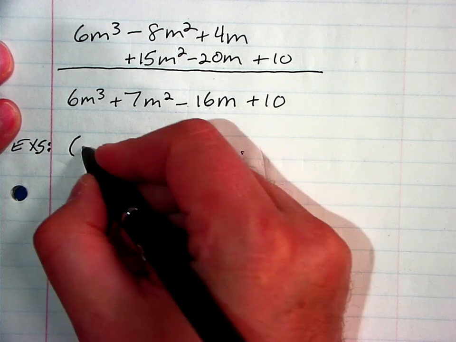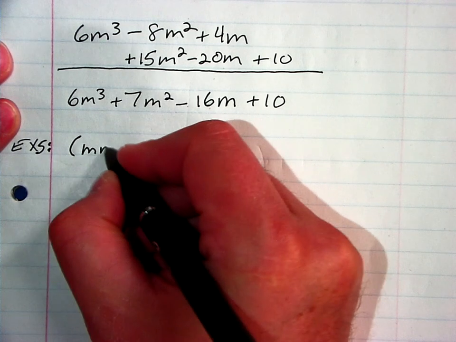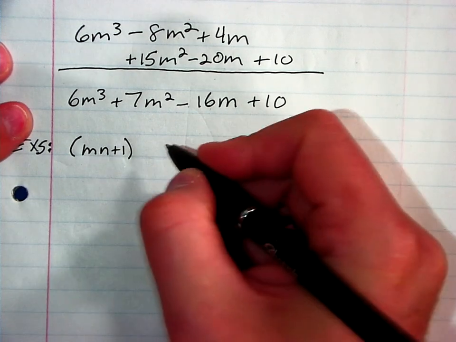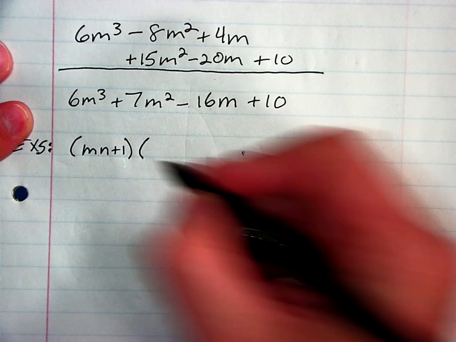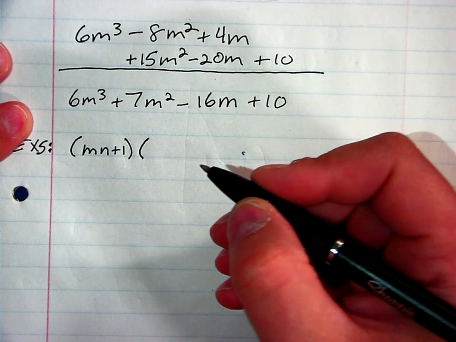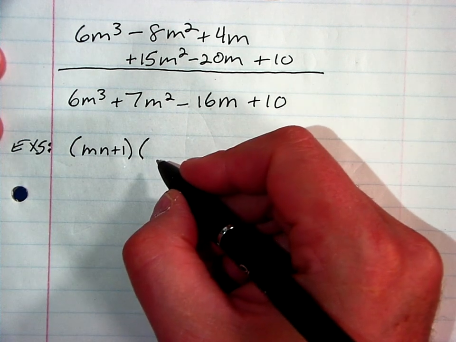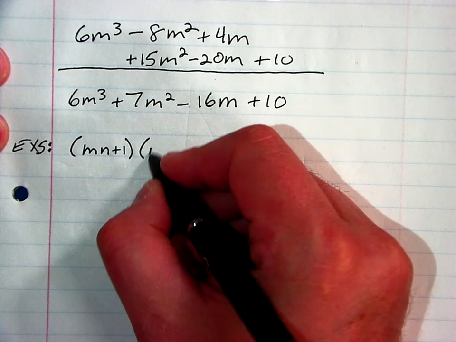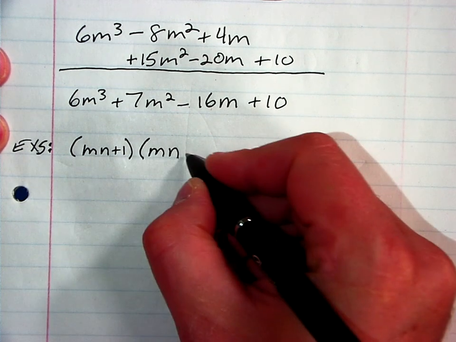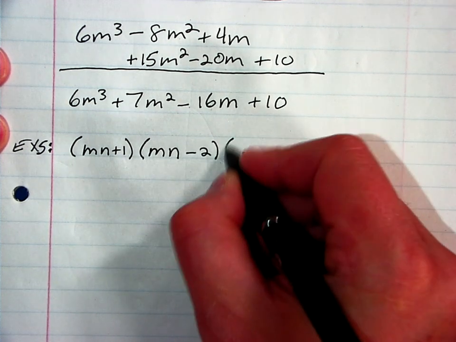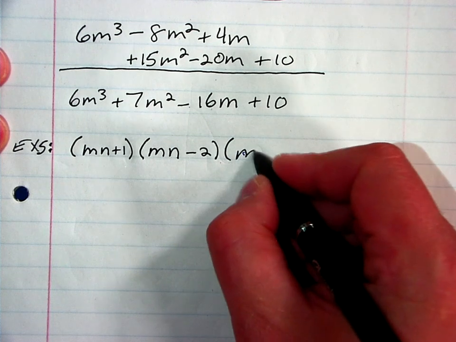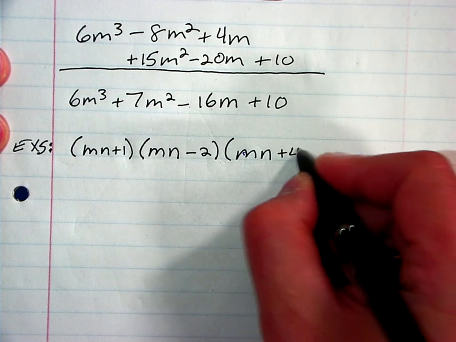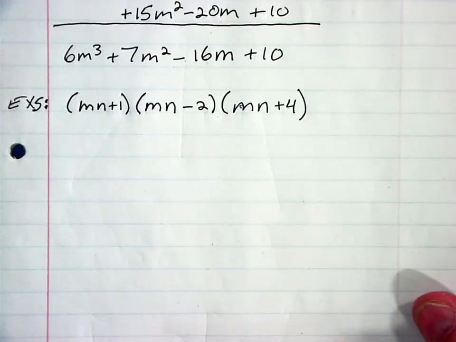This one's a doozy. It's not difficult, it's just a lot to it. (mn + 1)(mn - 2)(mn + 4). And I think that's enough.